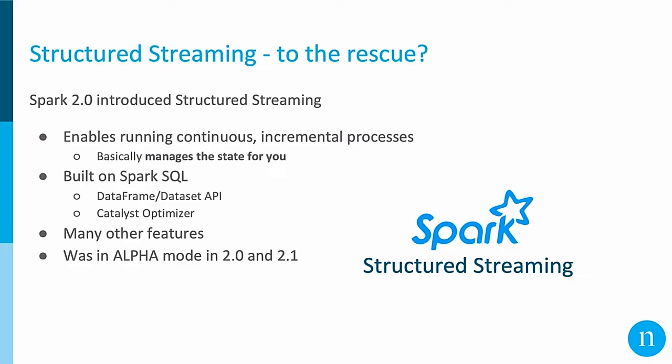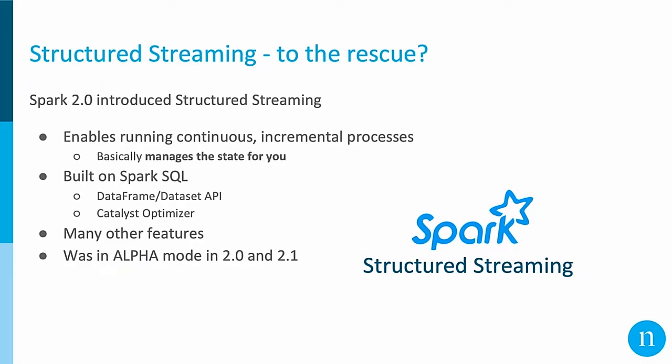And it was built on top of Catalyst Optimizer, which is a core component of Spark SQL that allows better performance of running SQL queries on top of Spark. It had many other features like handling event time and late data. But maybe the main focus here, as opposed to regular Spark streaming, is that it handled the end-to-end exactly once fault tolerance on its own.